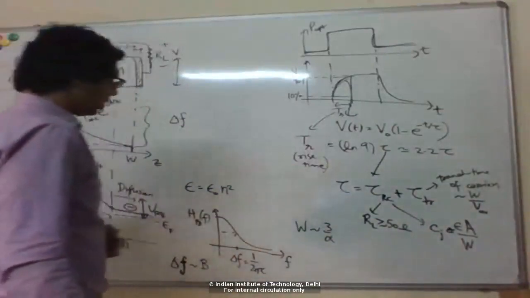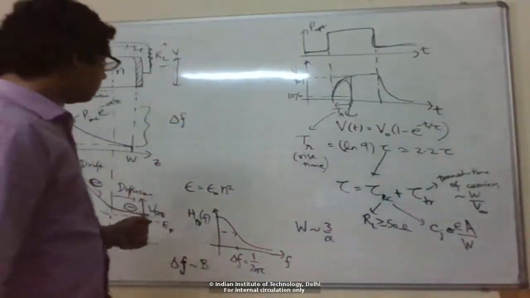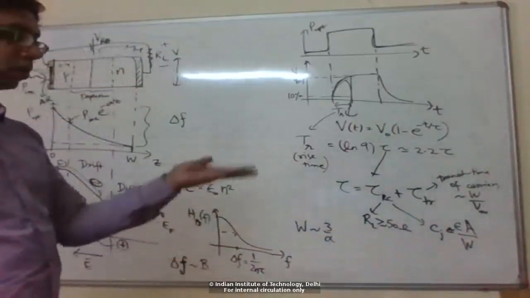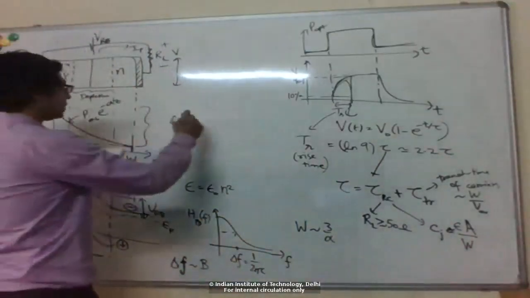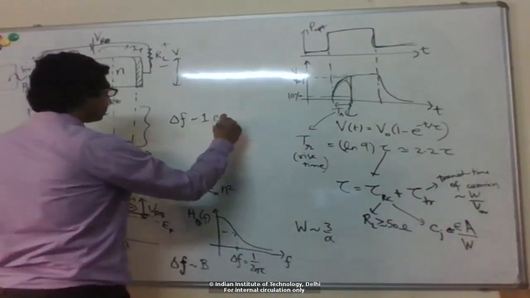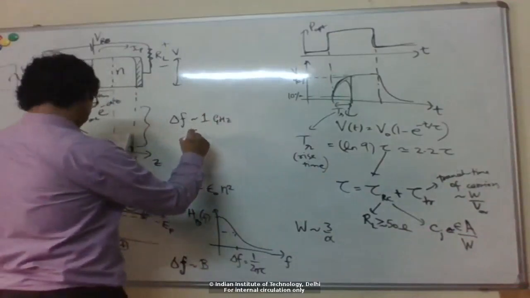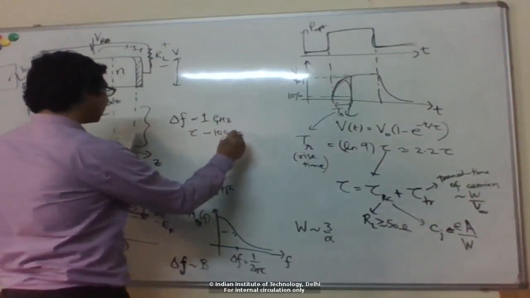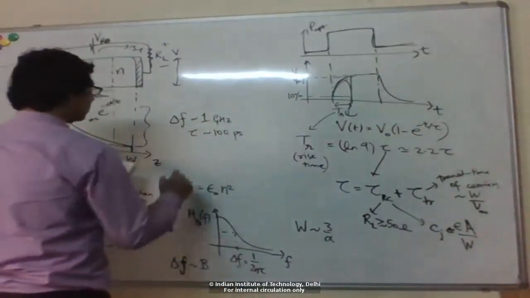On the other hand, if the frequency bandwidth is too small, then the noise is low, but now you start distorting the signal because you're not fast enough to detect the whole signal. So let's say if you want, for example, a gigahertz bandwidth, then basically you need about 100 picosecond response time from this relation.